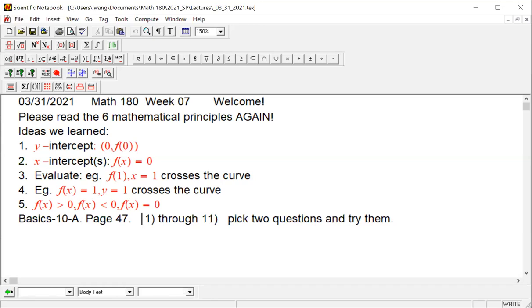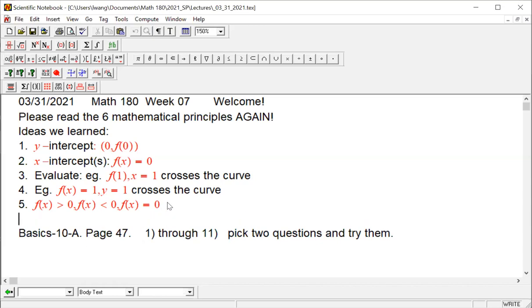You know what, you guys? It should be Basic 9, sorry. I think I rearranged this. My bad, partially my bad. Basic 9, page 47. In fact, I separated them, so today we're going to do Basic 10.